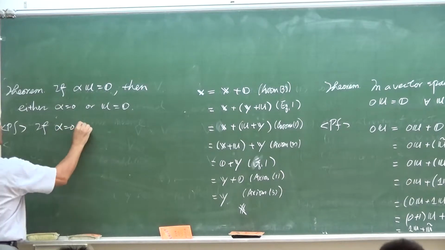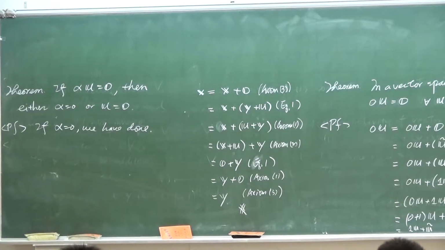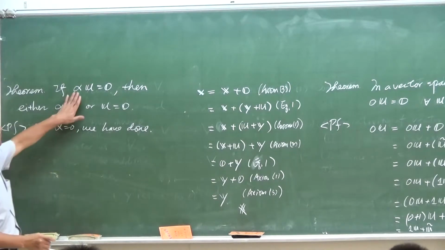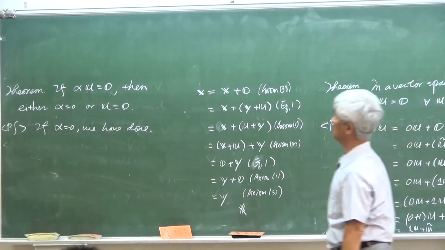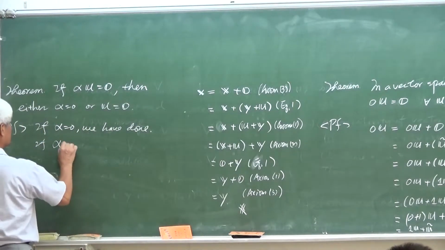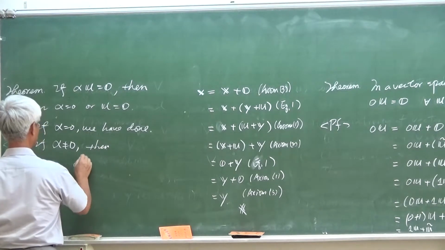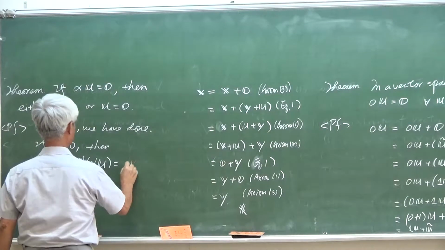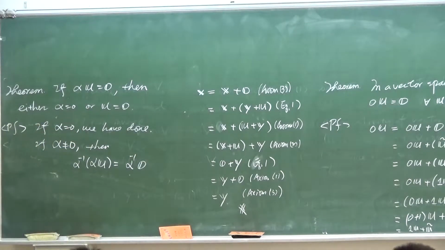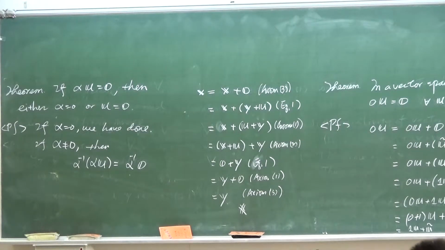If alpha equals 0, we have done, no problem, because alpha is 0, and 0 times a vector is 0. We proved that before, right? But now, if alpha is not equal to 0, then we multiply by the inverse of alpha. Multiply 0 here. What is that? Use the theorem.